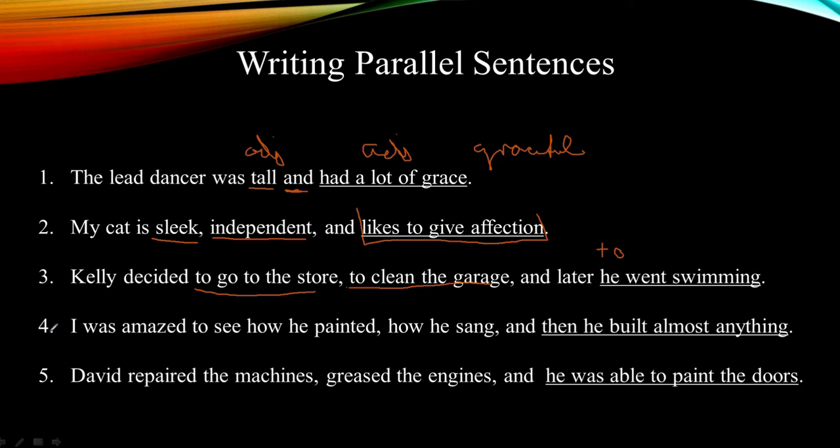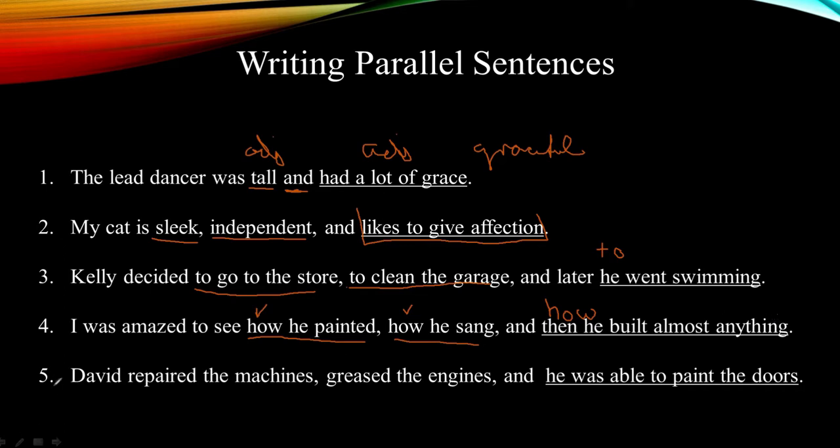Number 4, I was amazed to see how he painted, how he sang, and since we started this phrase with how, and we started this one with how, then this next one needs to start with how also. As long as you can repeat words, you're going to be much better off. I was amazed to see how he painted, how he sang, and how he built almost anything.